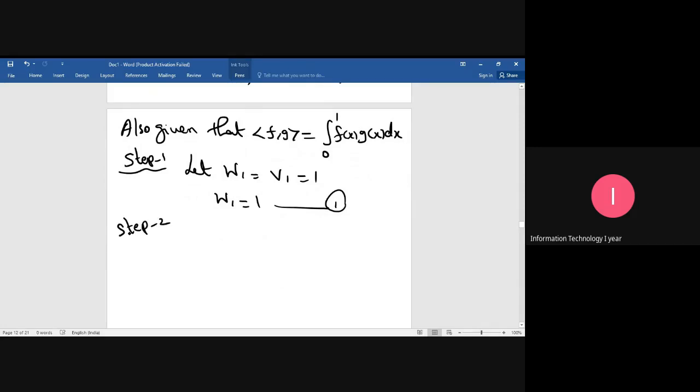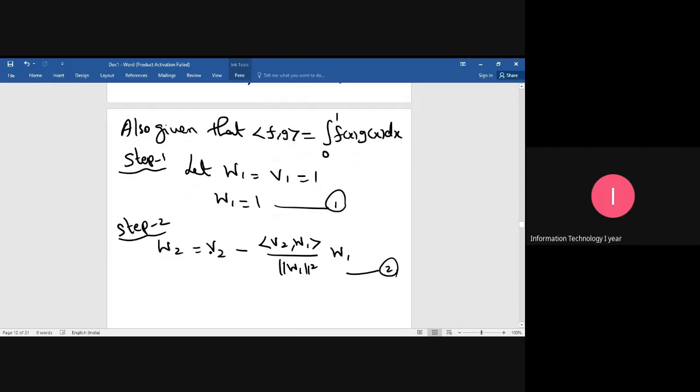In the second step, we follow the formula: w2 is equal to v2 minus inner product of v2 comma w1 by norm w1 square, into w1.